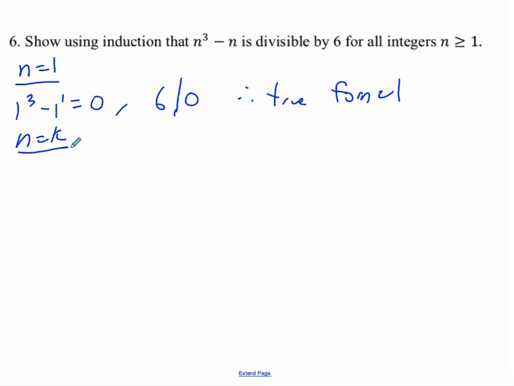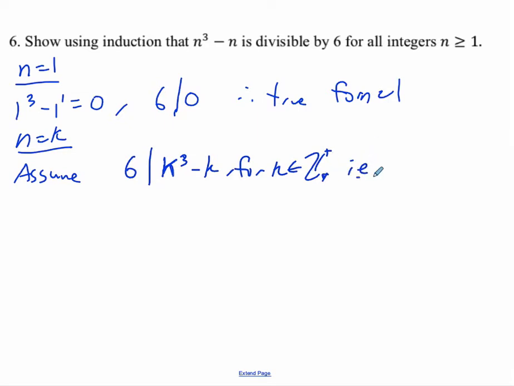Let's go to the n equals k case, so assume that 6 goes into k cubed minus k for some k in the positive integers. Okay, that means that k cubed minus k equals 6a for some integer a.